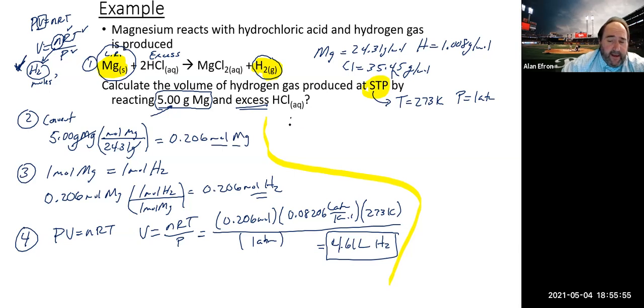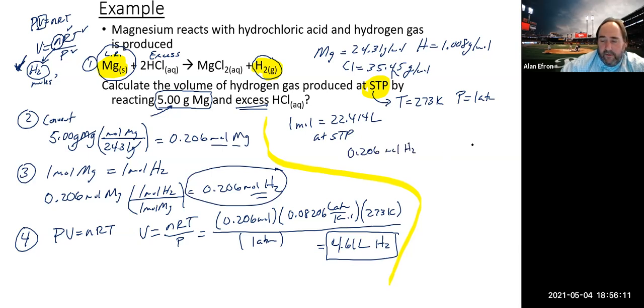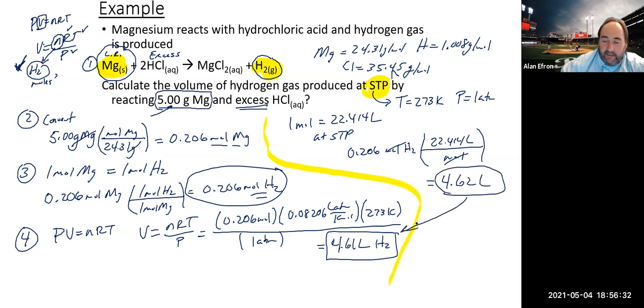We could use the relationship that 1 mole of a gas is 22.414 liters at STP, and pick it up from right here: 0.206 moles of H2 times 22.414 liters per mole. Moles cancel, 0.206 times 22.414, slightly different because of some rounding, is 4.62 liters, essentially the same answer as what we got using the ideal gas law.